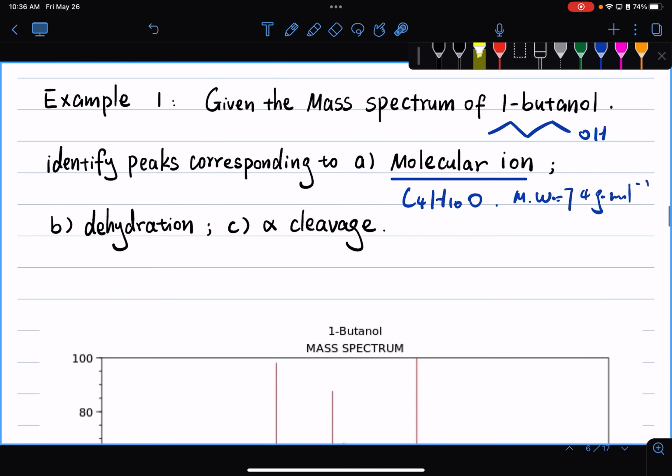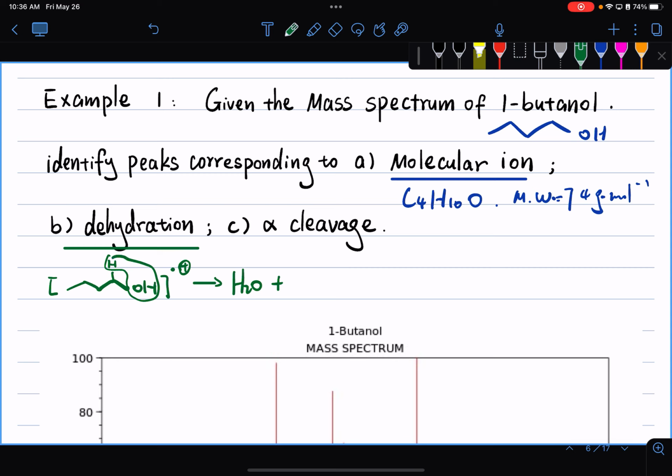So now the question asks you to identify peaks corresponding to dehydration and alpha cleavage. We might as well just write down what these reactions are. So let's look at our dehydration. Dehydration means we start from our butanol molecular ion, we're losing a molecule of water, and we're forming a double bond there.